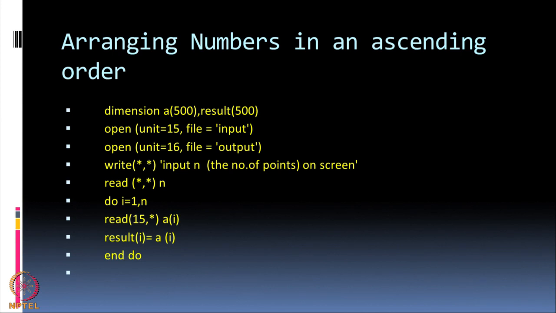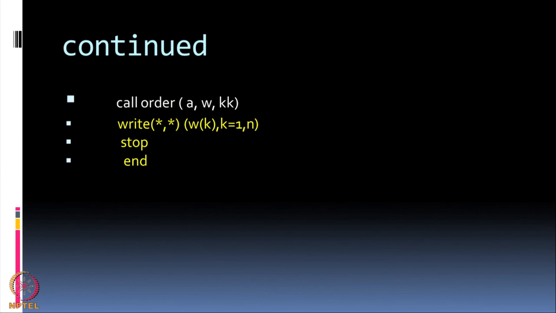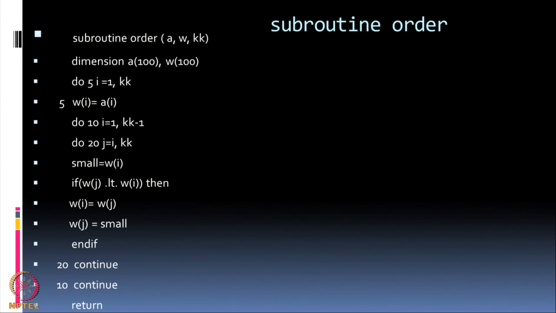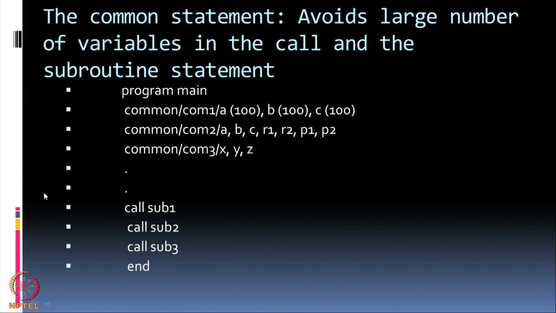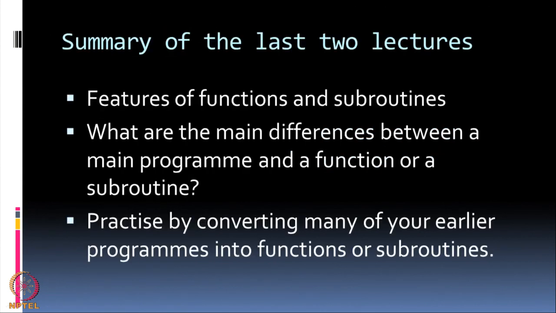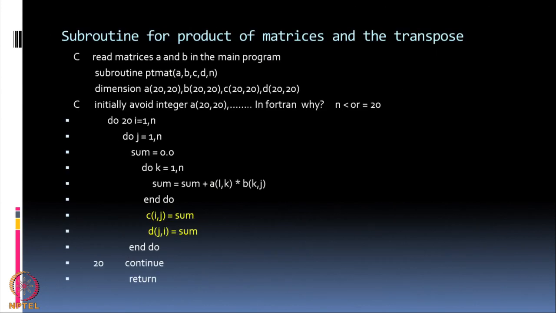So, in that subroutine also you will have a dimension statement. Okay, let us see. Yeah, how do you call this subroutine? Call order a comma w comma kk and write the output. So, now this is how that subroutine will look like. See, this is subroutine order.